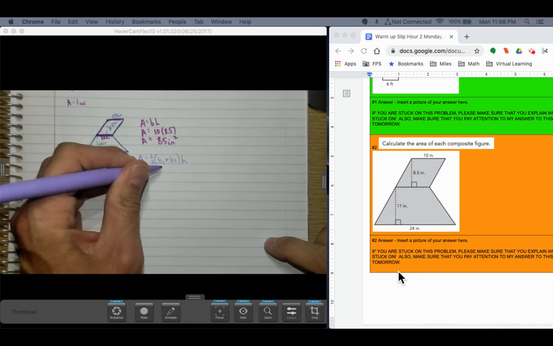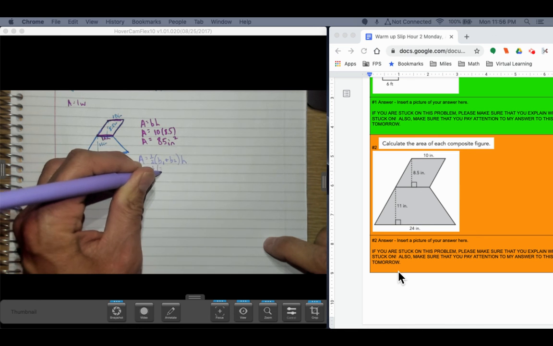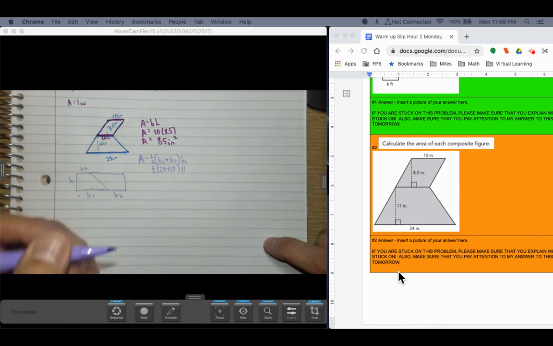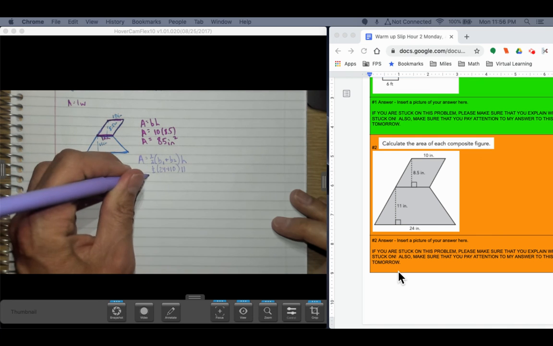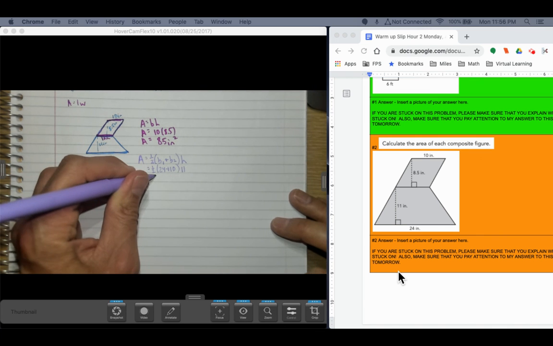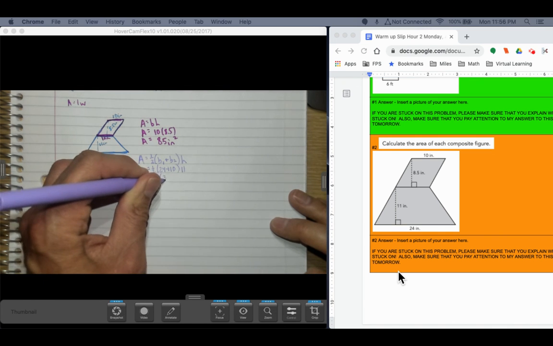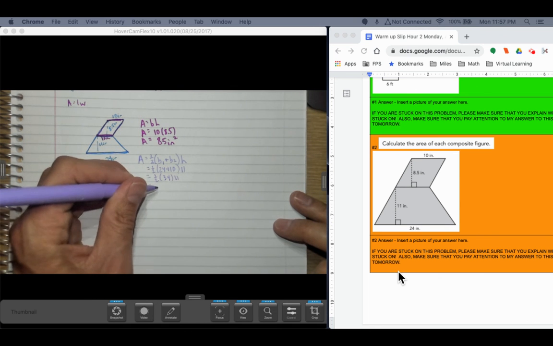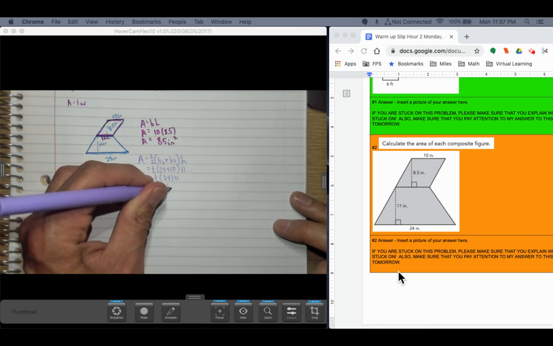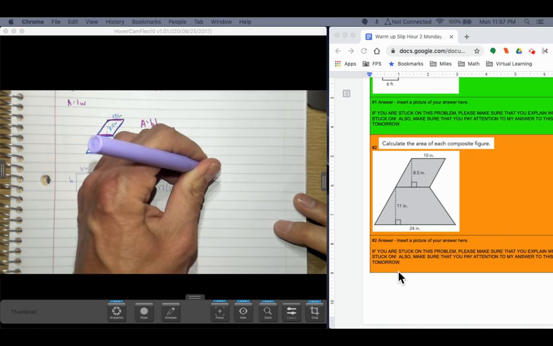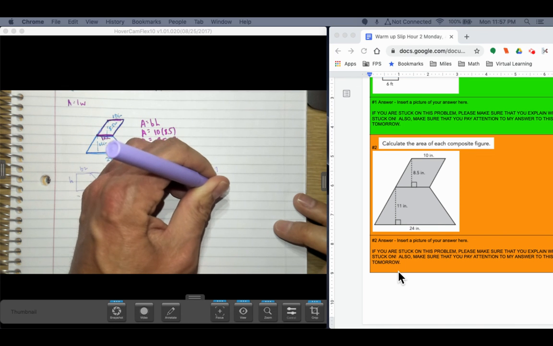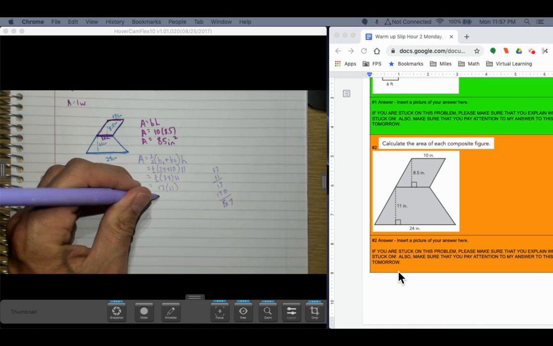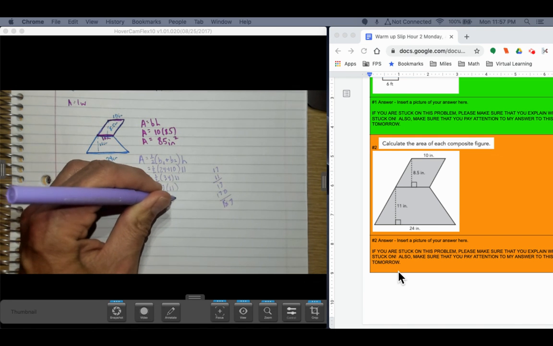So I take my 24 plus my 10, and I times it by the height of 11 inches. Then I get 1/2 times 34 times 11, which is 17 times 11, which is 187. And I get 187 inches squared.